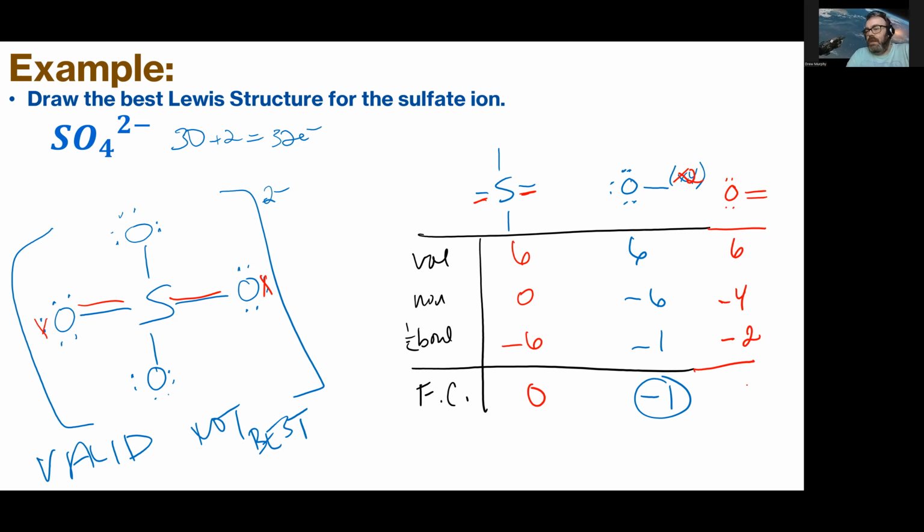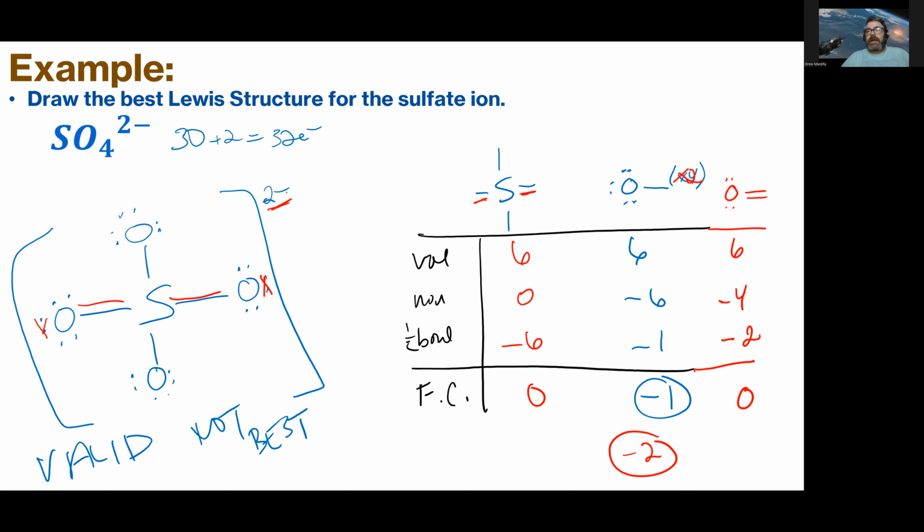So there you go. Right, 6 minus 4 minus 2 is 0. All right, you see what we did? The sulfur charge went down to be closer to 0. The oxygen charge went up to get to be 0. Okay, and now we have 2 times minus 1. This is still minus 2, which is what our total charge should be, but the formal charge has come down.